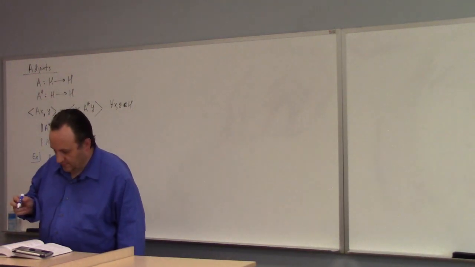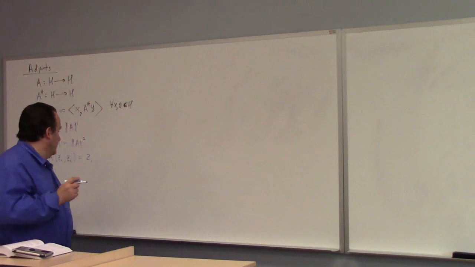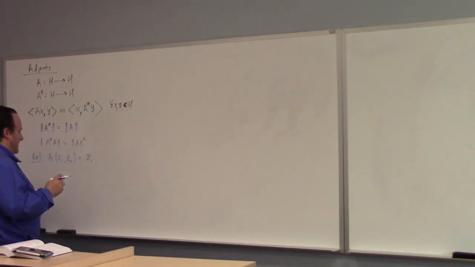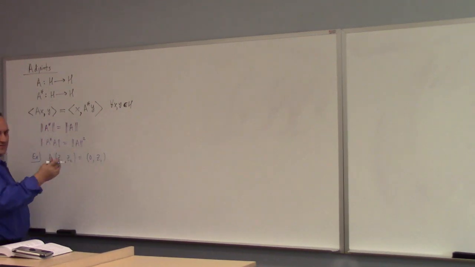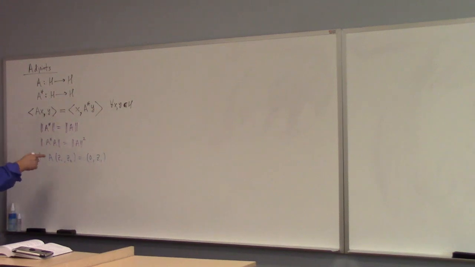Wait a minute, oh, my bad. I was about to say this is not going from H to H, but that's because I copied it down wrong. It is (0, Z1). Okay, so there you go. That's what he gave. So this defines A, and let's see if we can calculate the formula for the adjoint A star.